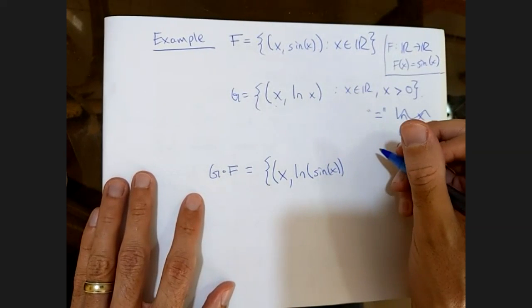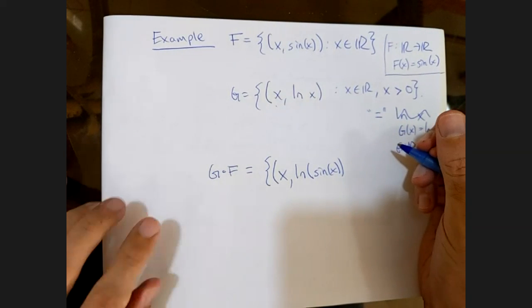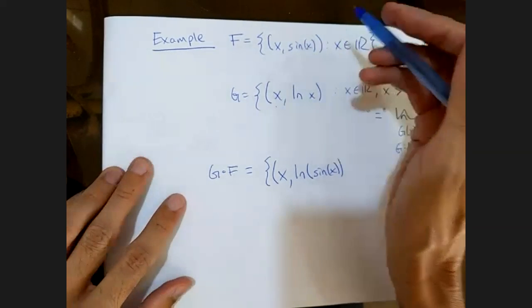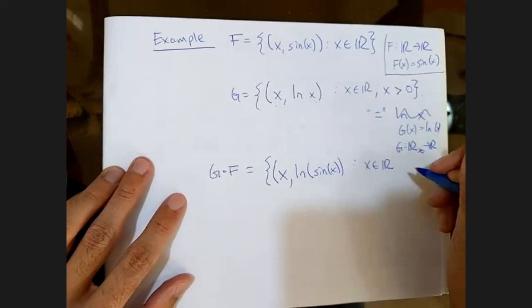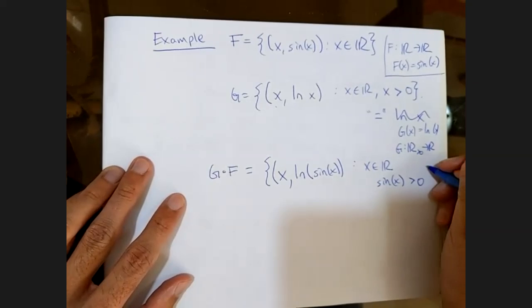So for that to happen, y has to be positive, right? So it has to be all the real numbers x such that the sine of x is greater than 0.